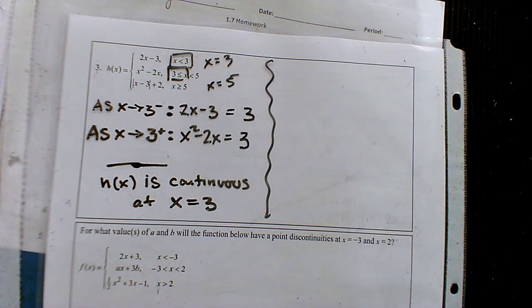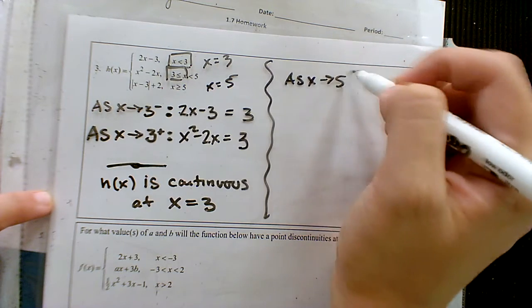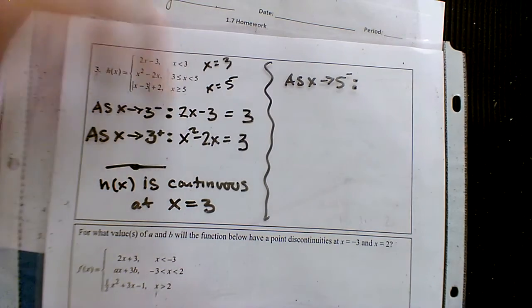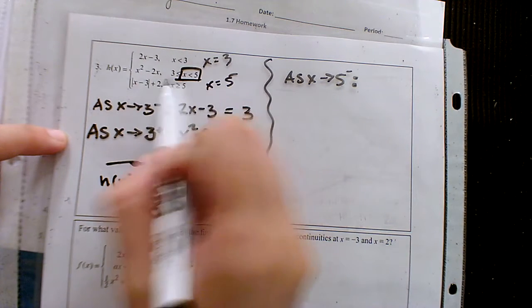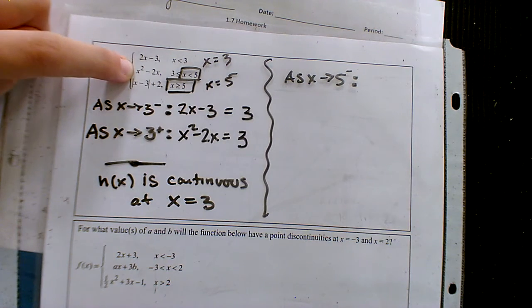But now we have another spot we've got to check. The first one was good. Let's check out 5. As x approaches 5 from the left, we've got to take a look at the other inequalities. To the left of 5 would be smaller than 5. That would be the middle equation.